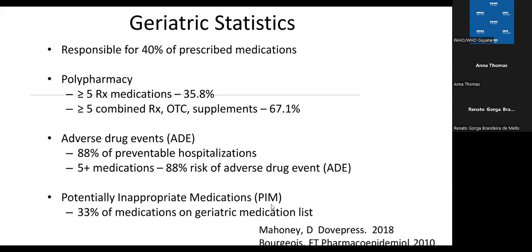And we'll talk as well about potentially inappropriate medications. 33% of medicines prescribed for older persons are potentially inappropriate, according to important prescribing in older persons tools, as we'll see in the next slides.